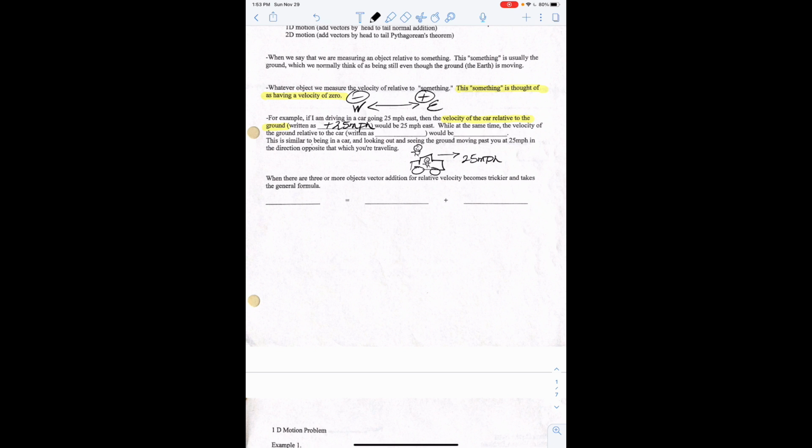You've probably done this when you've ridden in the car and you're not driving and you look out the window and you see the ground moving, right? And you're like, whoa, the ground's moving. If you think of yourself as being stationary, how fast is that ground moving relative to the car or relative to you, the passenger in the car? You would say the ground is moving at 25 miles per hour west, or negative 25 miles per hour.